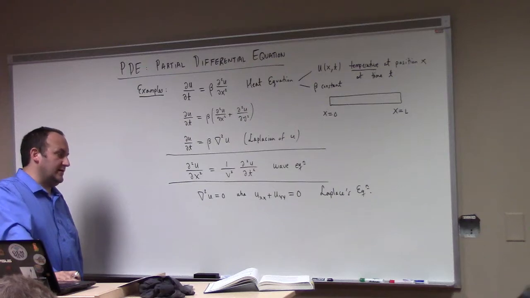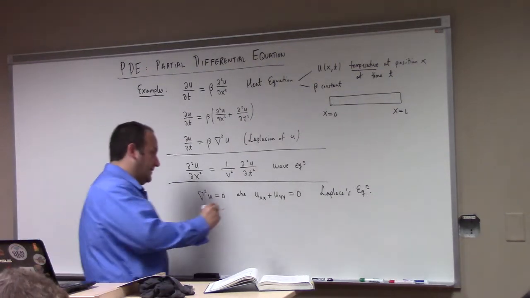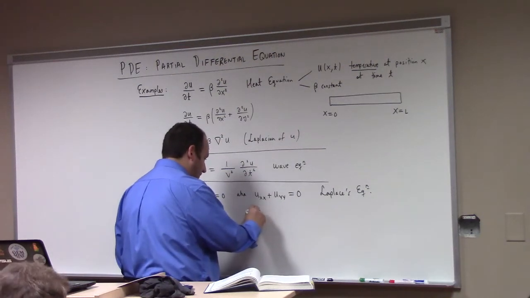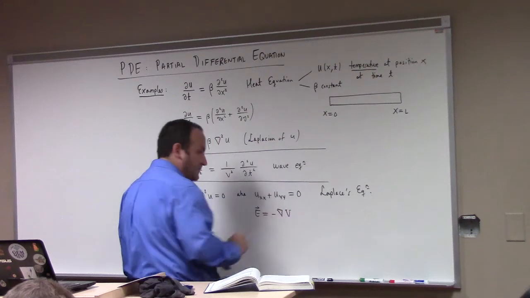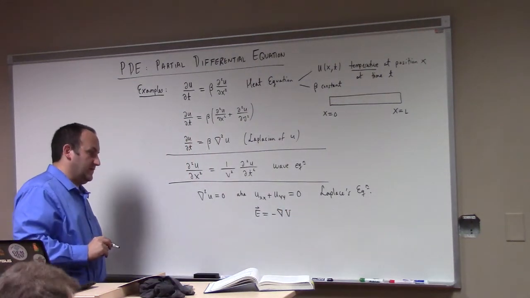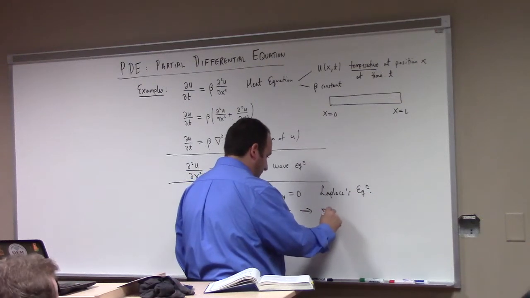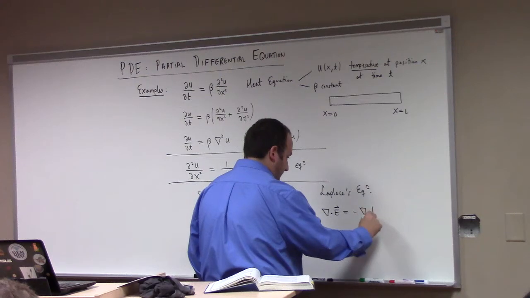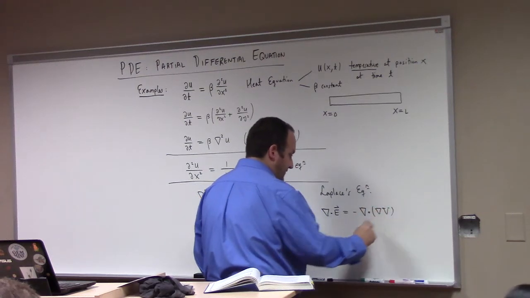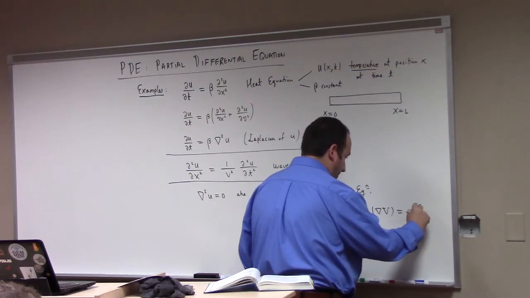Well, for example, in electrostatics, you will learn that the electric field is equal to minus the gradient of the voltage function, right? And so if you calculate the divergence of the electric field, it is equal to minus the divergence of the gradient, but the divergence of the gradient is exactly the Laplacian of the voltage.